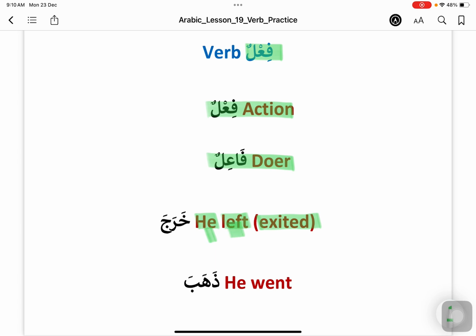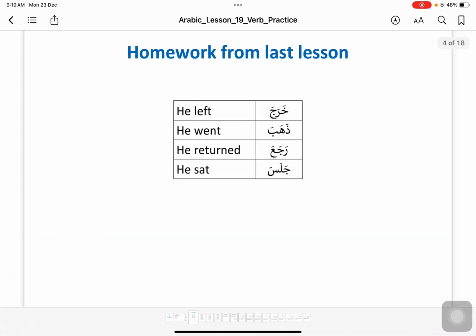So we learned in our first lesson in the book, lesson number 4, kharaja, which means he left or he exited, dhahaba, which means he went. And I asked you to conjugate these four verbs in our last session.